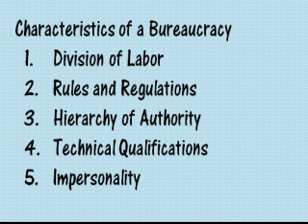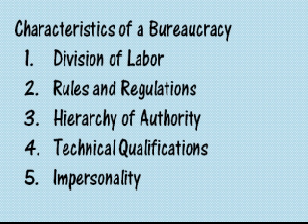The fifth and final characteristic is impersonality. Here, in particular in the bureaucracy of the workplace, we have to allow our workers to perform without any kind of personal feelings toward them. So if we're a supervisor, we would want to remove those personal feelings from the equation, and we want to treat everybody on the job really just based on how they're doing their work, with disregard to their personality and our personal feelings.